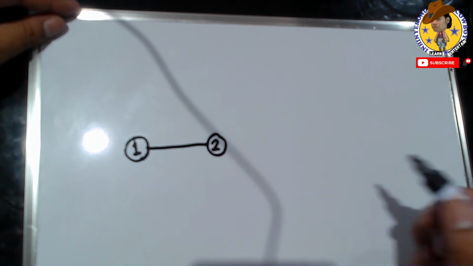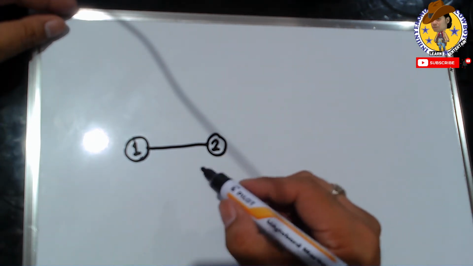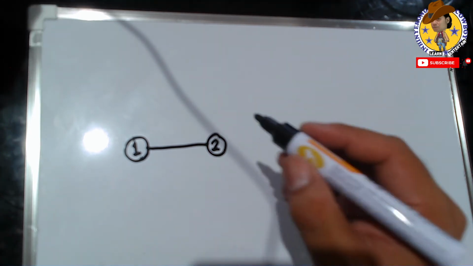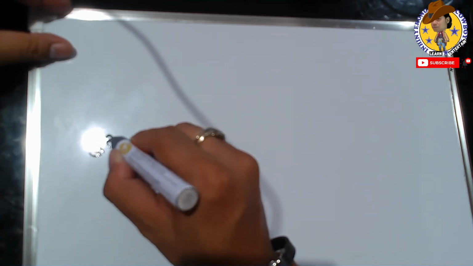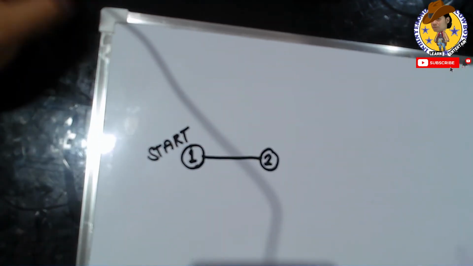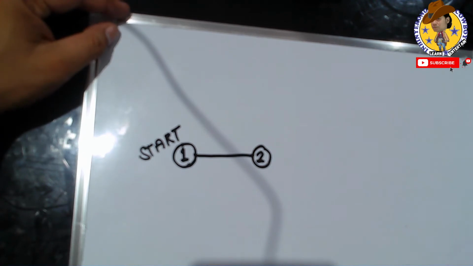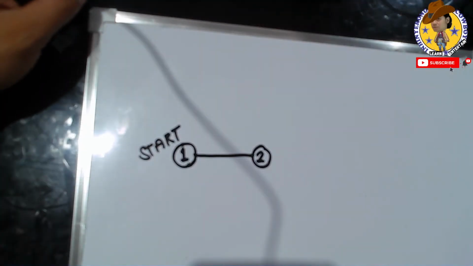I do not know if this space will be enough, so let's try. So this is start. So this is 4 days. Activity 1 to 2 is 4 days.